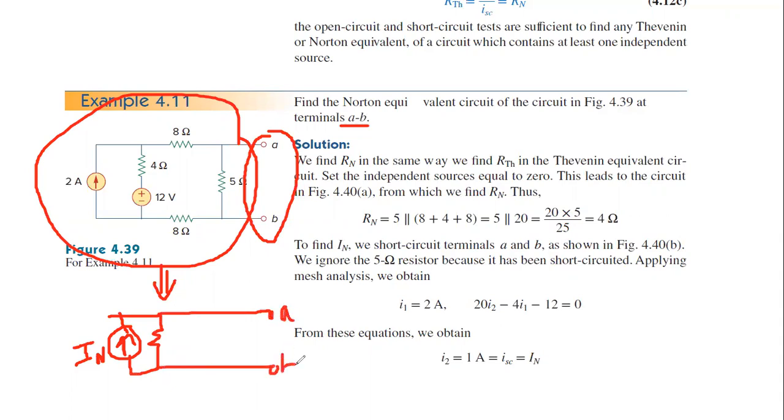The entire network, meaning 2, 12, 4, 8, 5, 8, that entire complex network you need to convert to a single current source in parallel with a resistor, this IN and Rn, across the A and B terminals. So first let me find Rn. Rn is nothing but RTH.